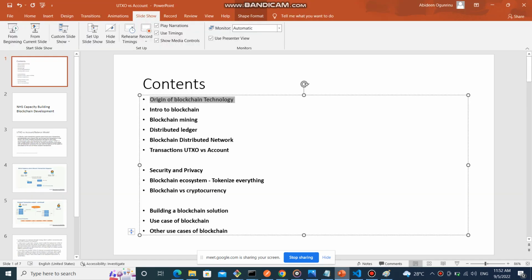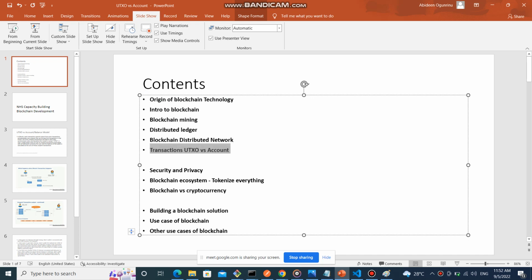Okay, let's see what we've been able to cover. We have not seen the origin, because I think I mentioned something about Satoshi Nakamoto. We covered the introduction, the blockchain mining, the distributed ledger, and the distributed network. That is the one we just completed now.